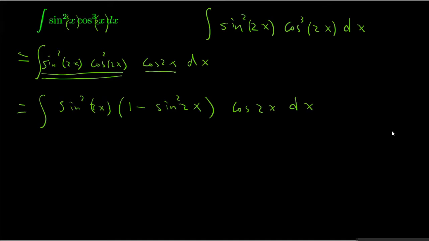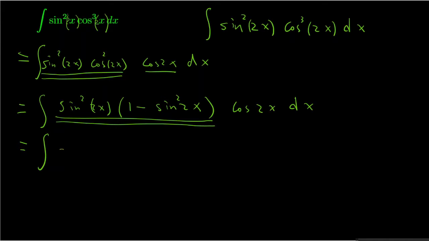Still, before we do the substitution, I want to add one more step. Now the double underlined part is essentially a polynomial. How can we see that? You multiply them out.